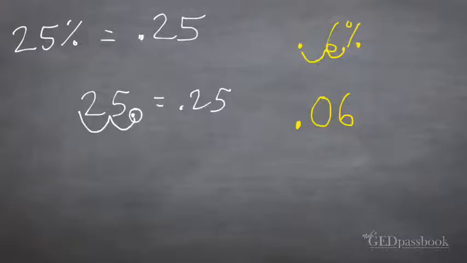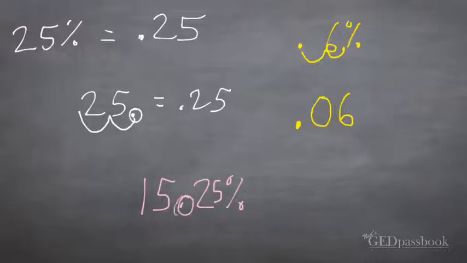What if your percent already has a decimal? Well, that's even easier because it's not hidden. It's actually visible. You just start wherever the decimal is. For instance, if you are given 15.25%, well, where's its decimal?